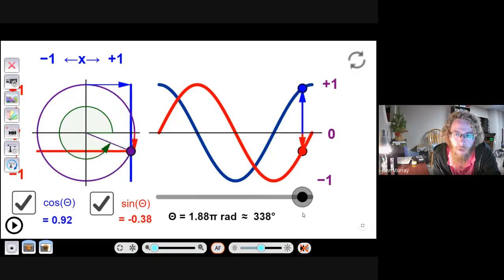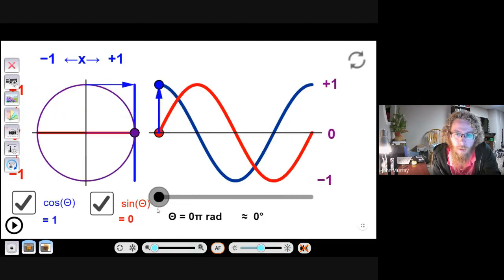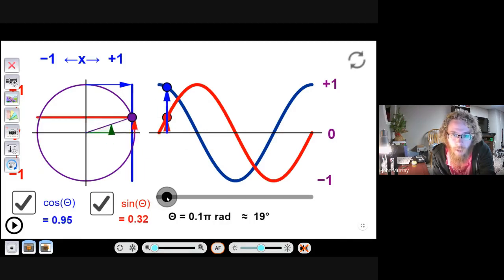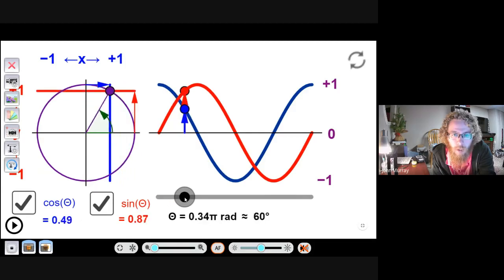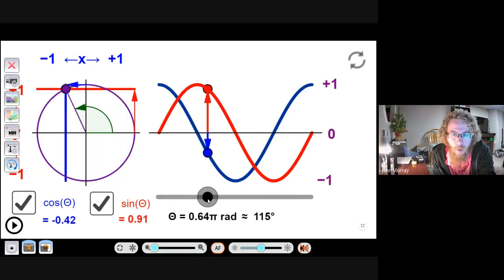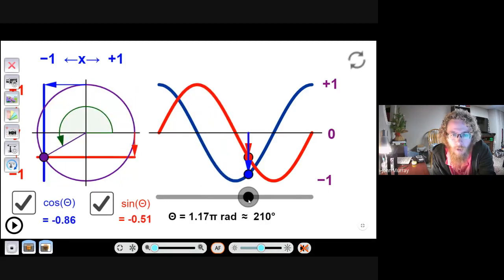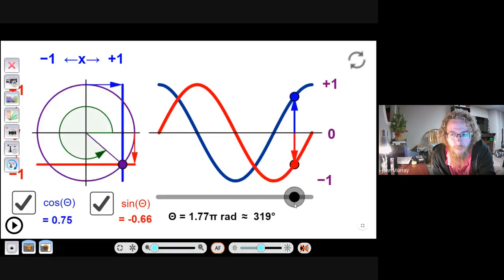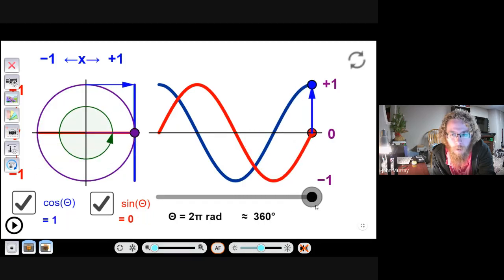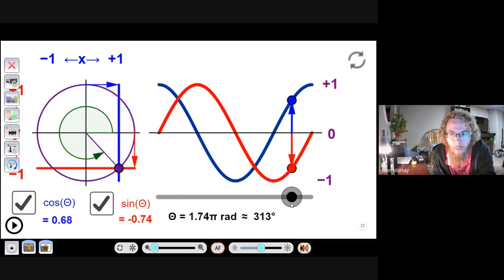Everything here is color-coded, so you've got the blue line showing you your x values, your cosine, right? So the cosine of 0 is 1. The sine of 0 is 0. And you can see how that gets manipulated as we rotate around our unit circle, all the way to 360 degrees.